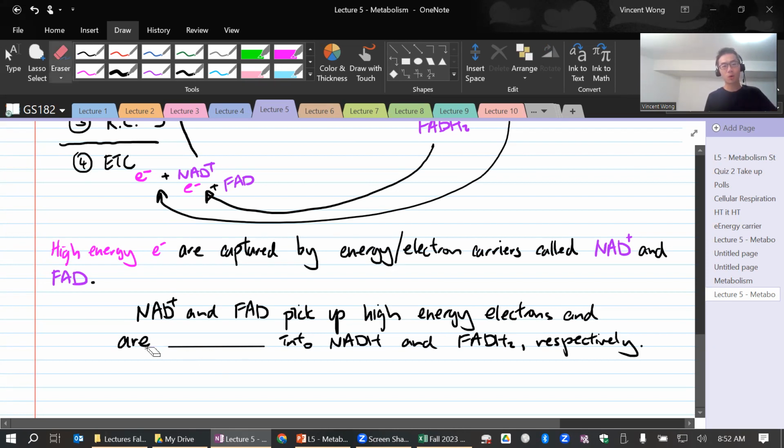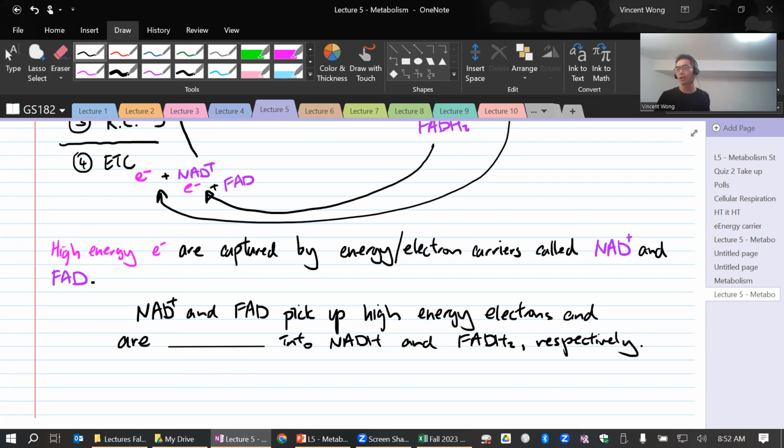Okay, what's the word I'm looking for in the blank? Is it oxidized or is it reduced? What's the right word?